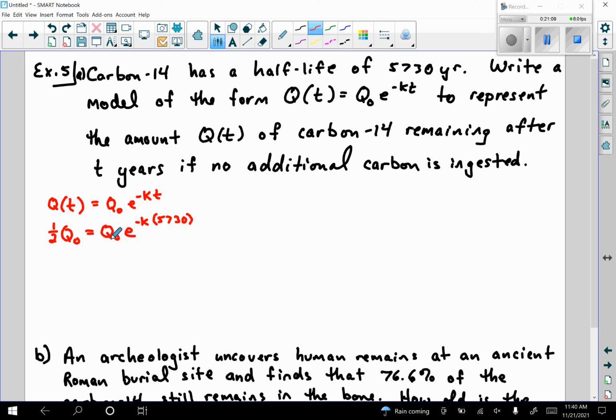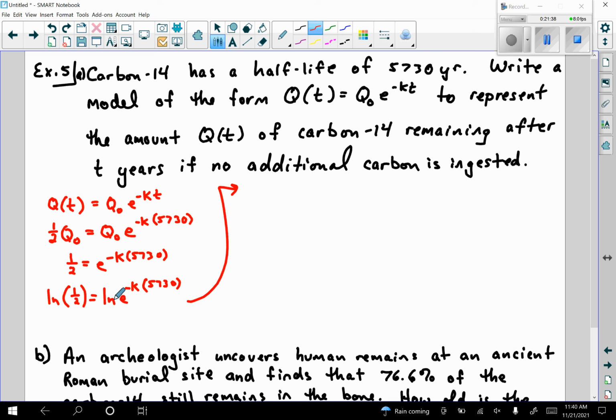So now what we could do is divide both sides by this Q sub 0, or Q naught, the initial amount. So those just go away. And we have 1/2 is equal to e to the negative k times 5730. And then we'll take the natural log of both sides. And we'll continue this over here.